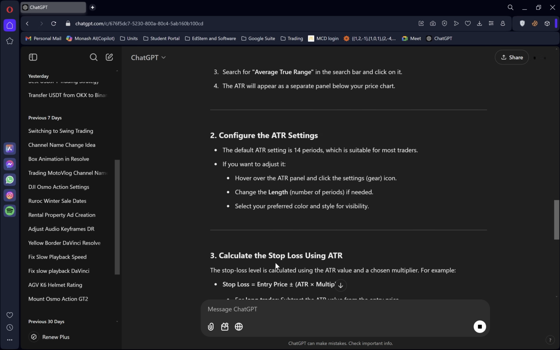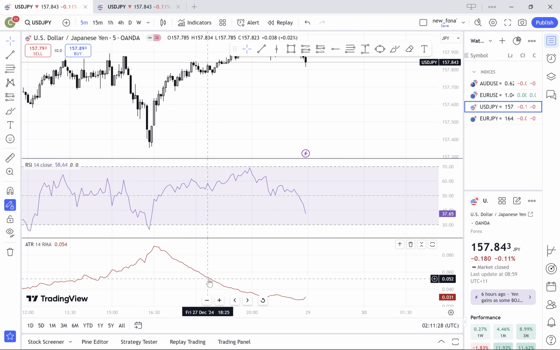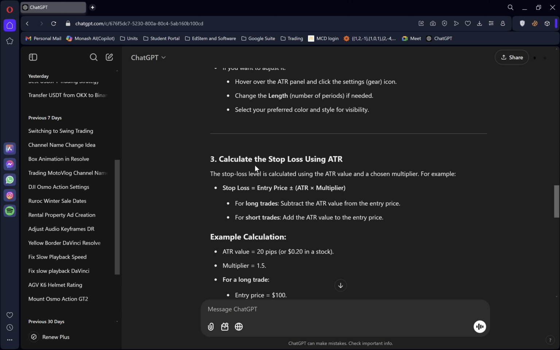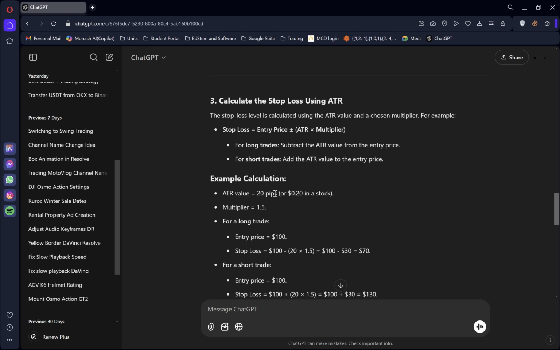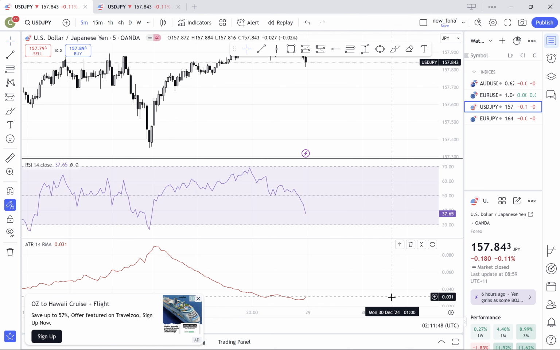Length is 14 and the current style seems good. Choose a value and multiply. ATR value is 20 pips or 0.20 in a stock. So right now the value is 0.30.